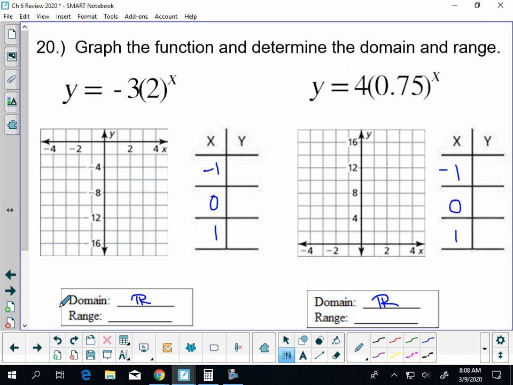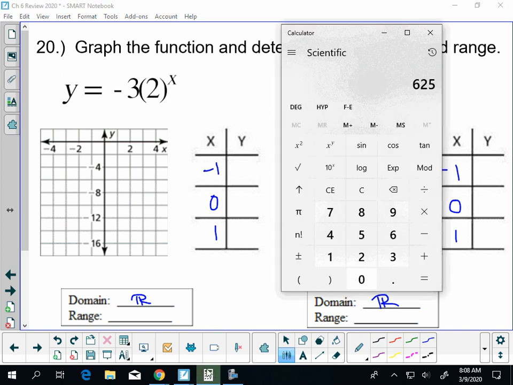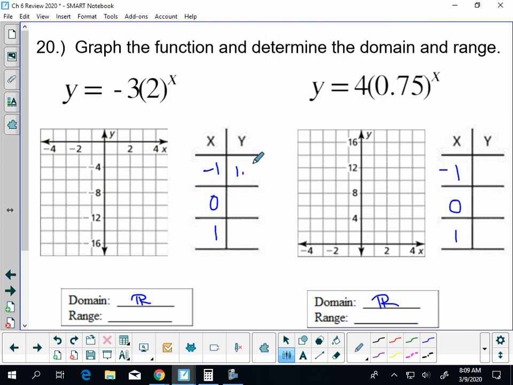All right, on 20, we're graphing. Your x's, always choose negative 1, 0, 1. Use your calculator to help you out. 2 to the negative 1, and then multiply that by negative 3. I forgot to do the negative in front of the 3, but that would be negative 1.5.